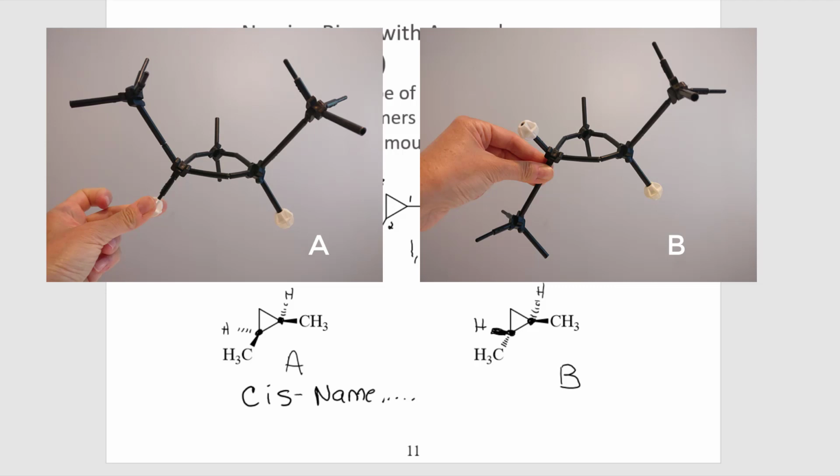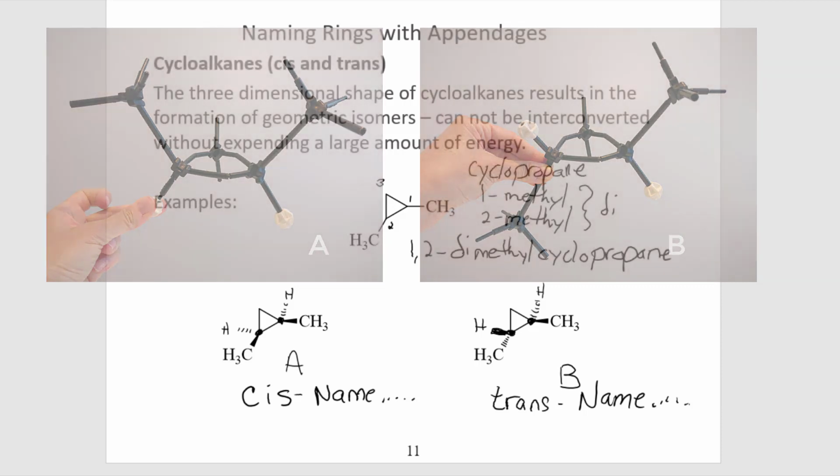For B, the relationship between the methyls, one's up, one's down, one's forward, one's back, is a trans or opposite relationship. We're going to look at this a lot more in chapter 5, but I just want you to be aware that you can have this difference of isomers for a compound by the orientation of substituents.